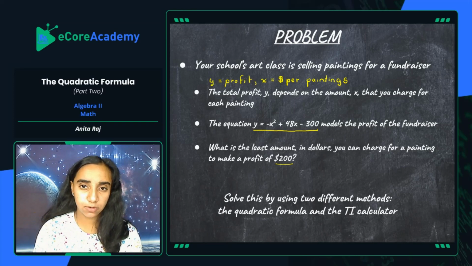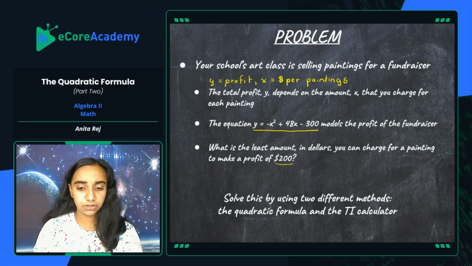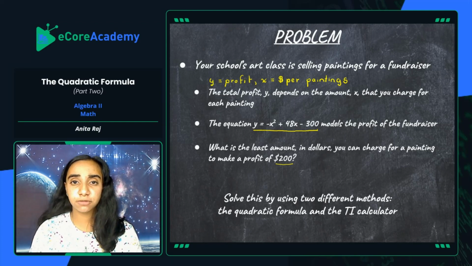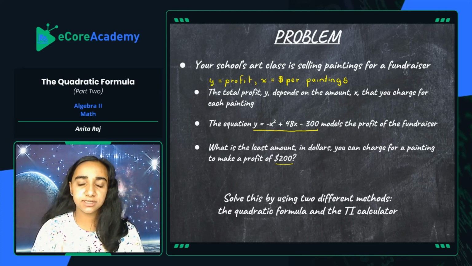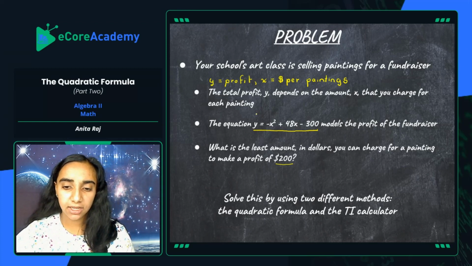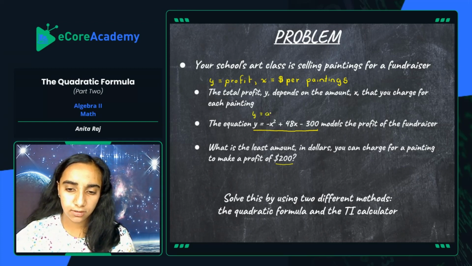We're going to answer that last question I just read to you by using two different methods, like I said at the beginning of this video. The first is going to be the quadratic formula, and the second is going to be the TI calculator. So for the quadratic formula, we are going to just be using this equation right up here. If you notice, it is actually in standard form. So y equals ax squared plus bx plus c.